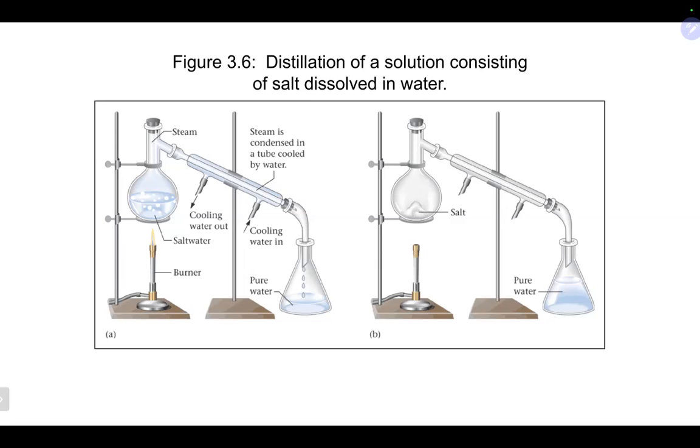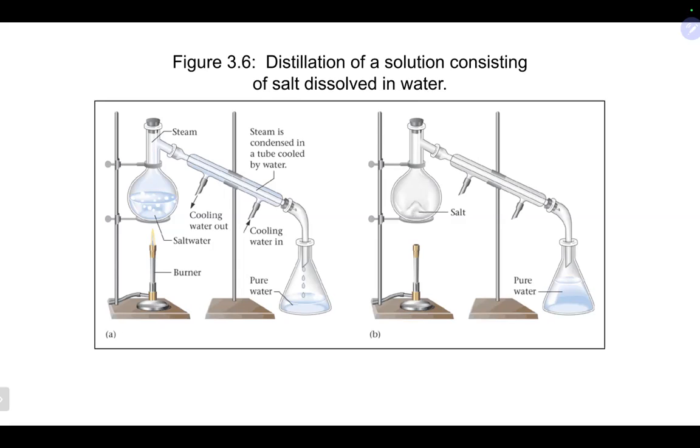What we're really doing in these type of procedures here is we're taking advantage of physical properties of these things. Because salt is an ionic compound, a super strong attractive force holds that together. A super large amount of energy is needed to get that to boil. Doesn't happen in normal conditions. So it'll start to melt before it'll boil.